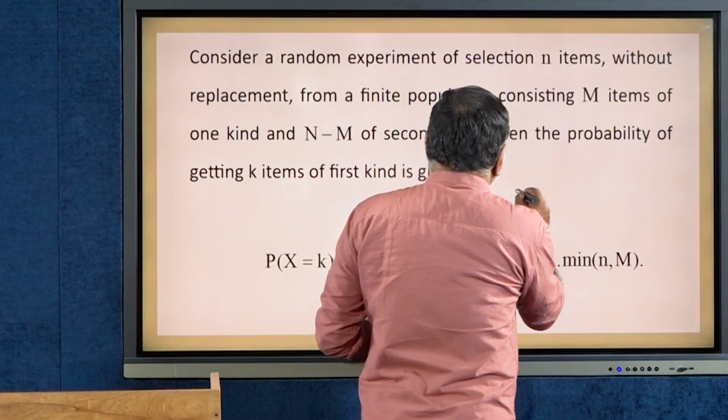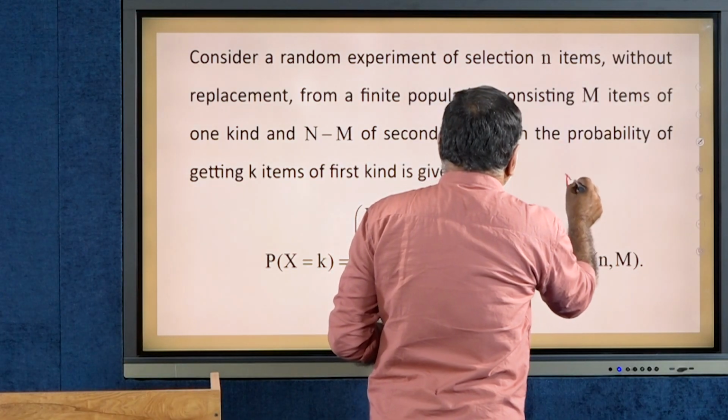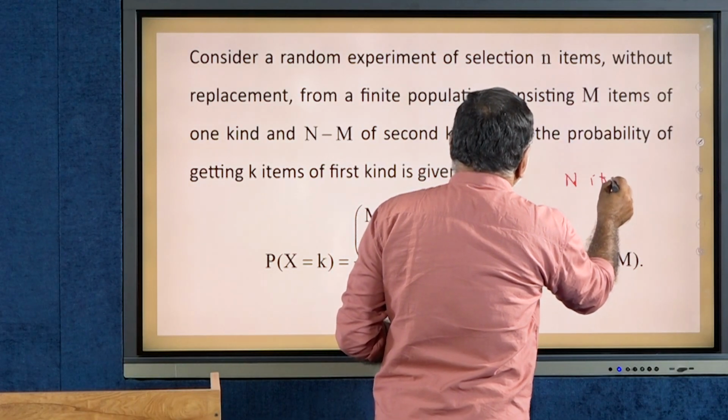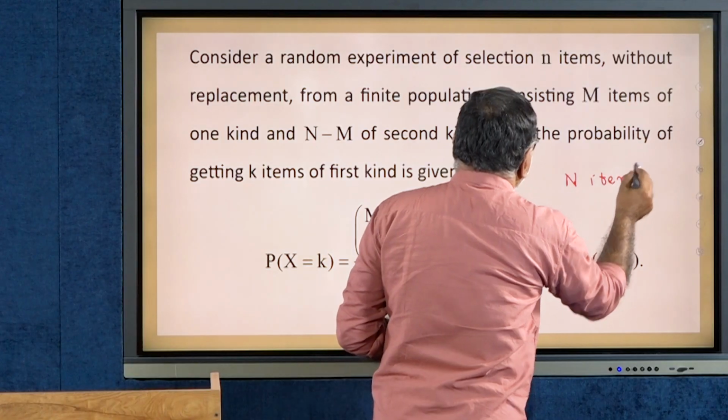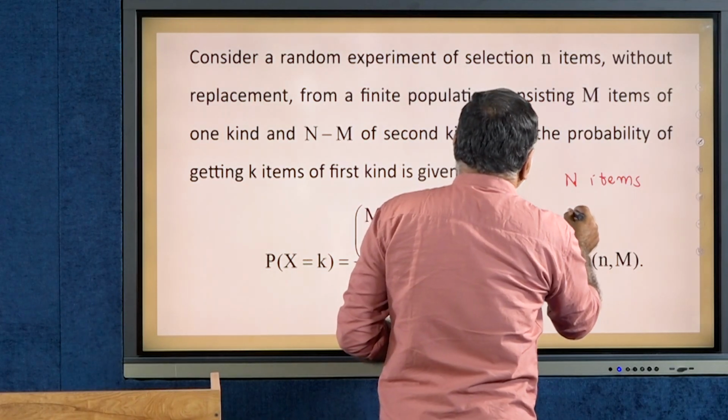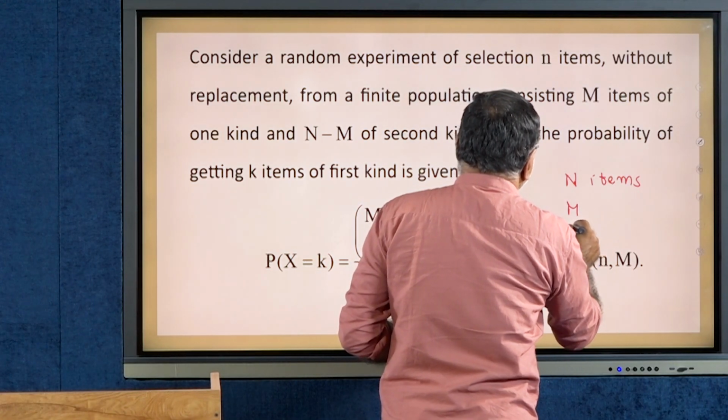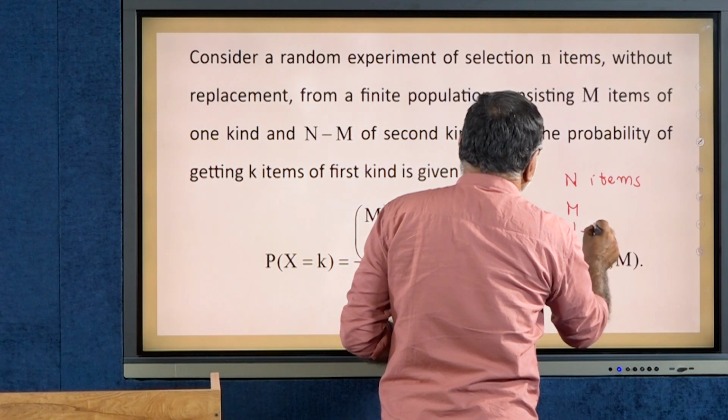So that is M C k, N minus M C n minus k, over N C n, where k is any value. Remember, we have total N items, with M items of first type and N minus M of the second type.